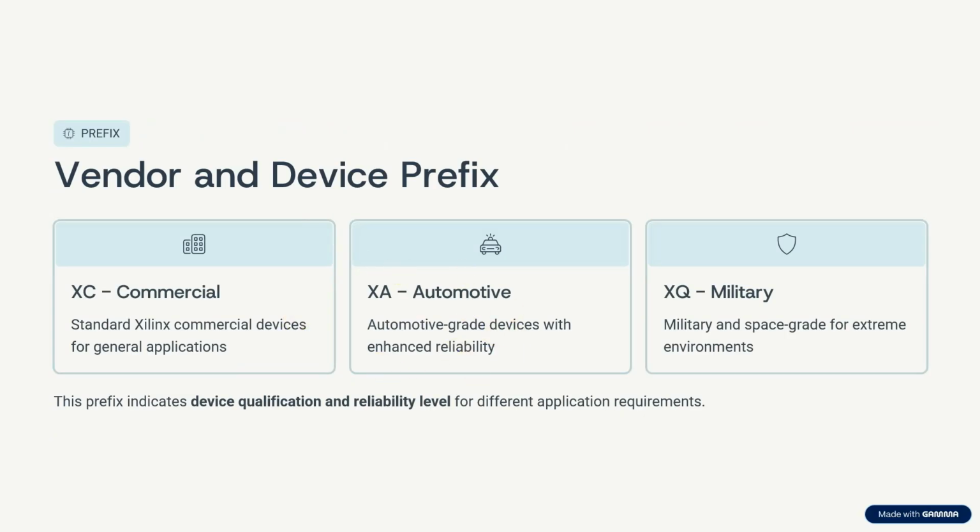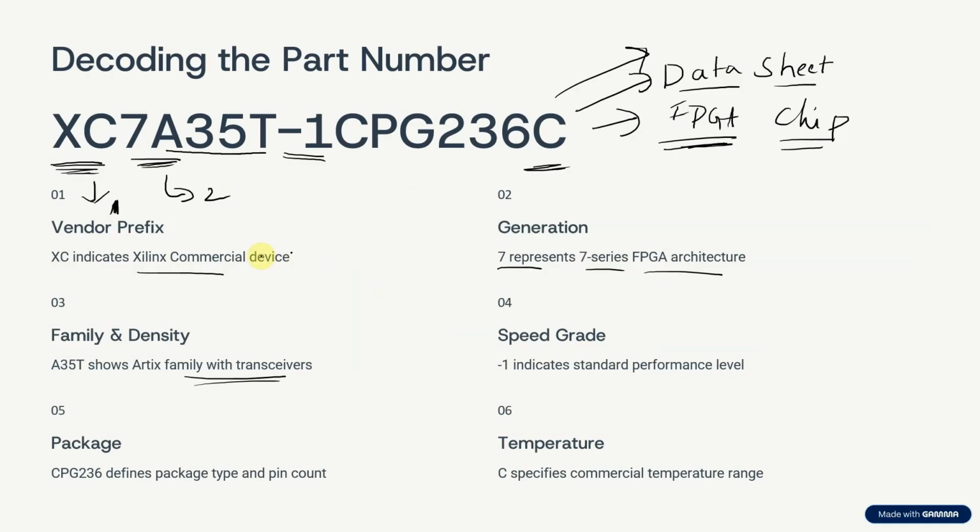And there is also something known as XQ. If there is XQ in your part number, then it is for military and space grade for extreme environments, right? So this is how you categorize your part numbers depending upon whether it is commercial, automotive or military. This prefix indicates the device qualification and reliability level for different application requirements. How to choose the part number, we are going to discuss when we learn about the Vivado tool.